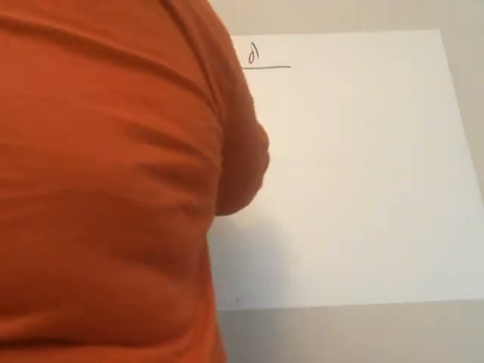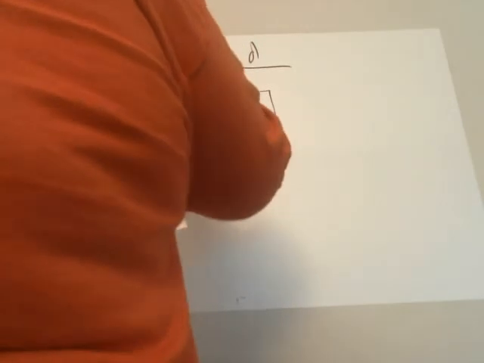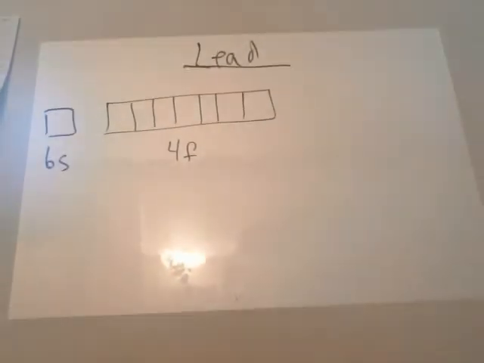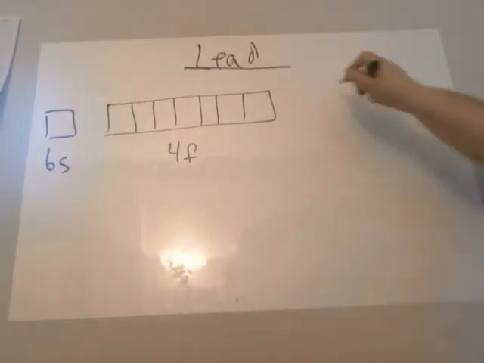So I'm going to have a box over here for 6s. And if I look at my periodic table, after 6s, you might think you want to go to 5d. But if you notice there's a little cross there, that means to jump down to the other little cross, down to the lanthanides. So after the 6s comes 4f. So I need to draw 7 boxes for that.